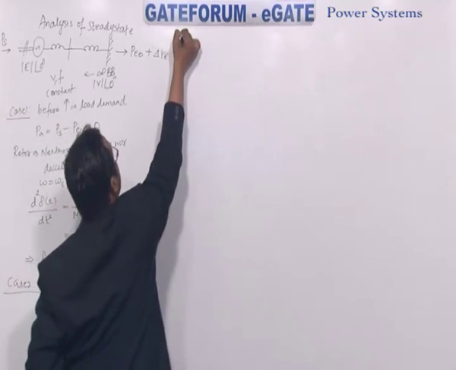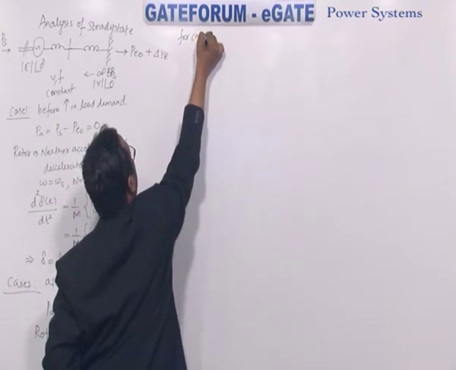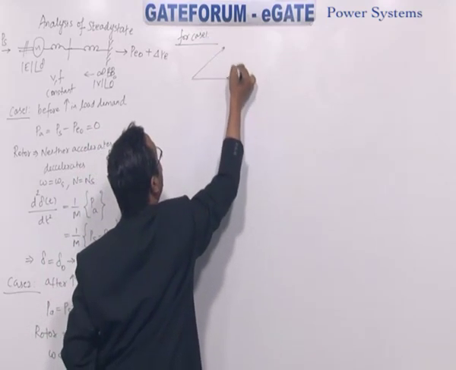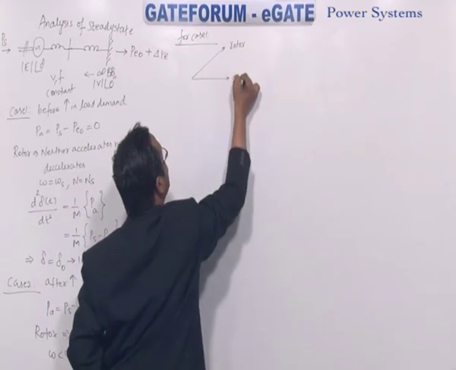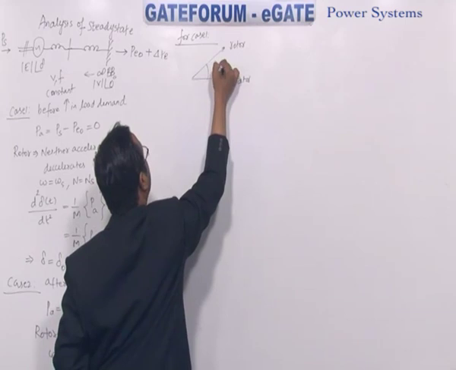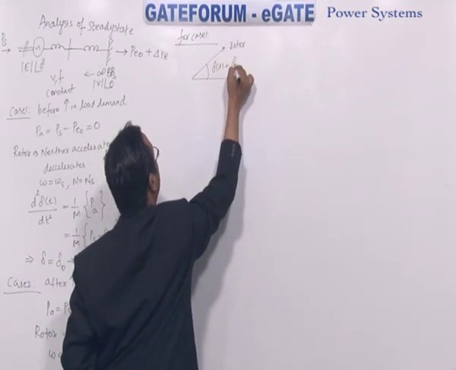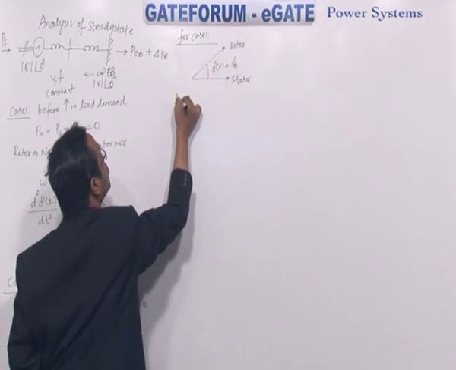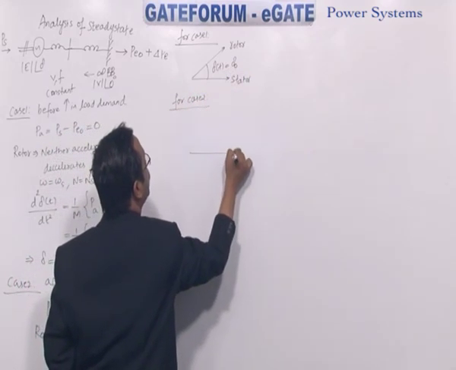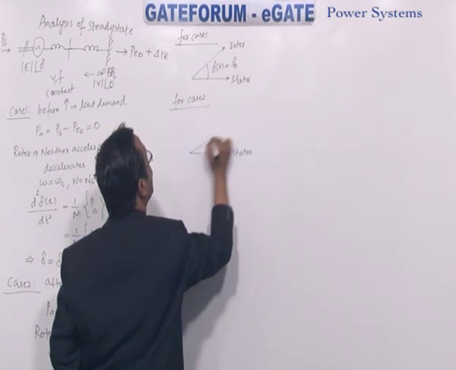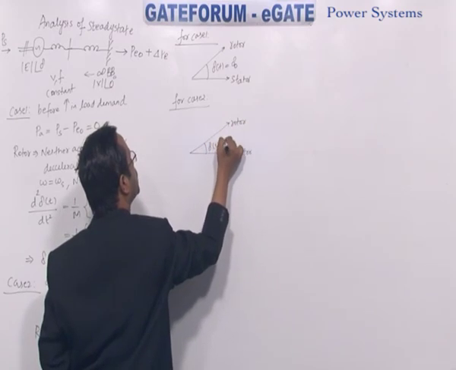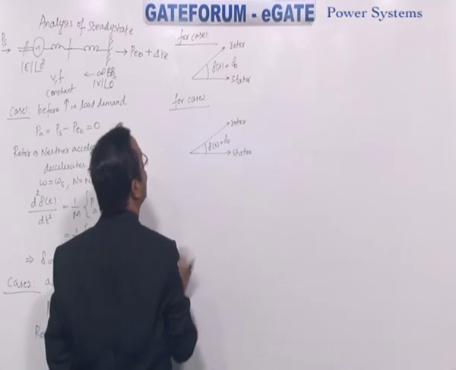Now, for case 1, Pa is 0. So what is the position of the rotor with respect to the stator? It is delta of t, nothing but delta naught. Now for case 2, when there is increase in the load demand, you have the stator here and here it is the rotor.